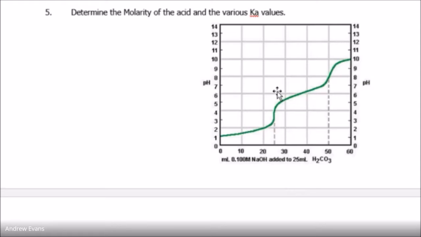Kind of hard to say. I mean, 6.2. We'll say 10 to the negative 6.2. So something like 6.31 times 10 to the negative 7th. The exact number is not as crucial as you trying to get close.